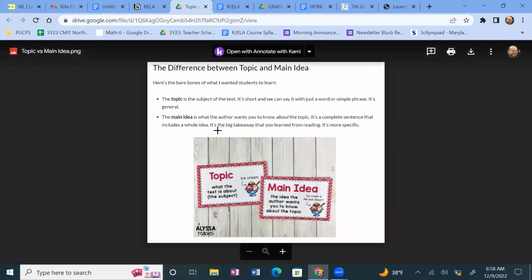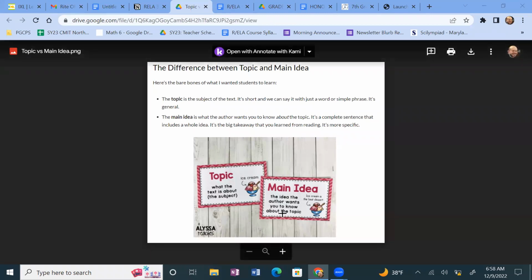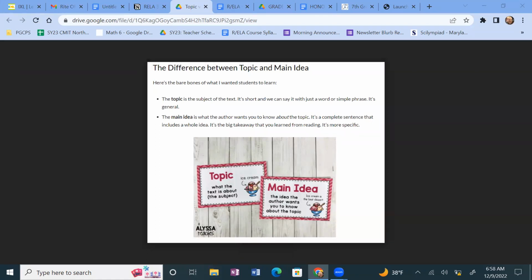It's a complete sentence, the whole idea, the big takeaway from the reading, and it's specific. It's your thesis statement. That is the main idea. And so the topic being ice cream, the main idea could be ice cream is the best dessert, right? So do we see the difference?